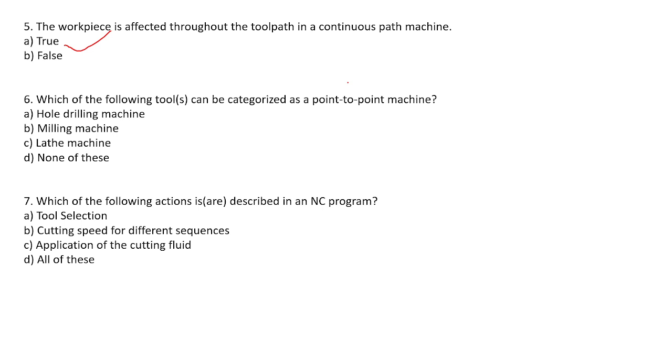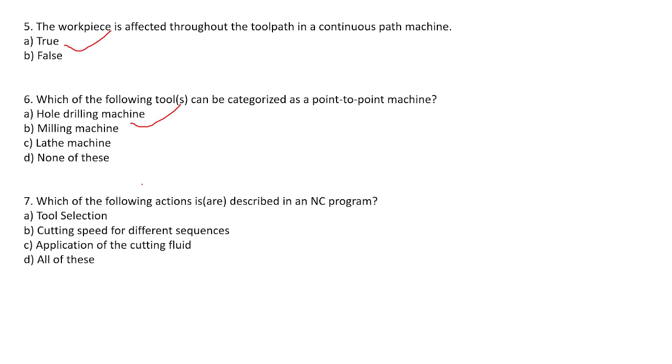So the hole drilling machine can be categorized as a point to point machine, as we discussed above. The right option will be hole drilling machine, because you can refer to the machining principle: you can see the movement of the drill bit from one point to another point for creating a hole.